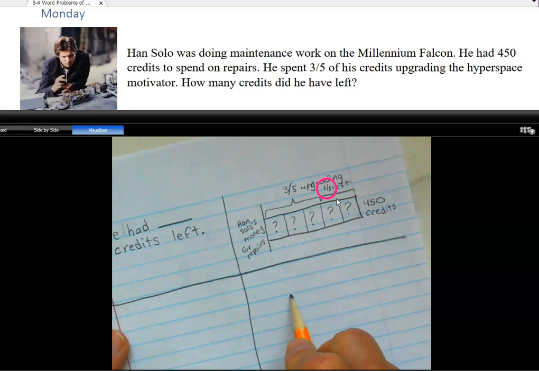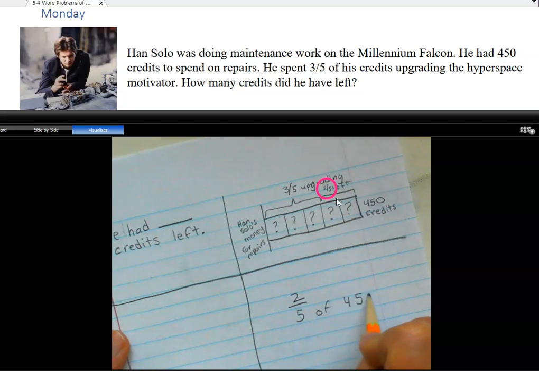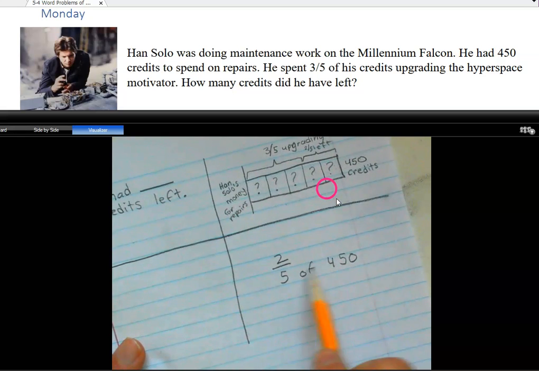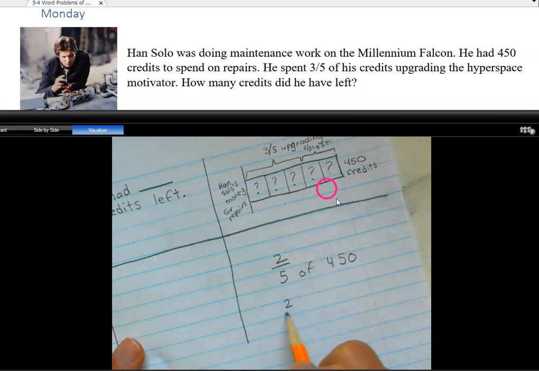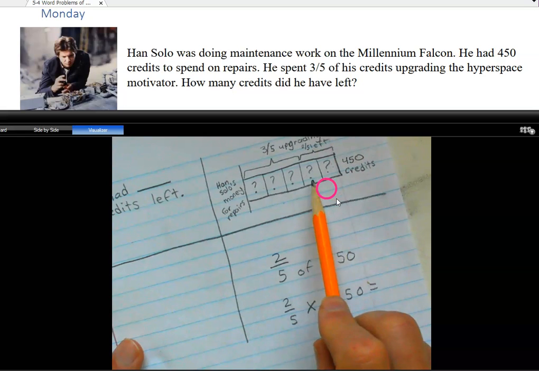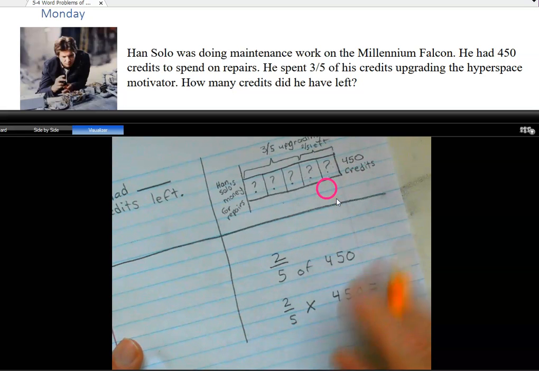So one expression I could use is 2/5 of 450. Now, of can also be used as a multiplication sign, so I could say 2/5 multiplied by 450 is going to equal two of these question marks.